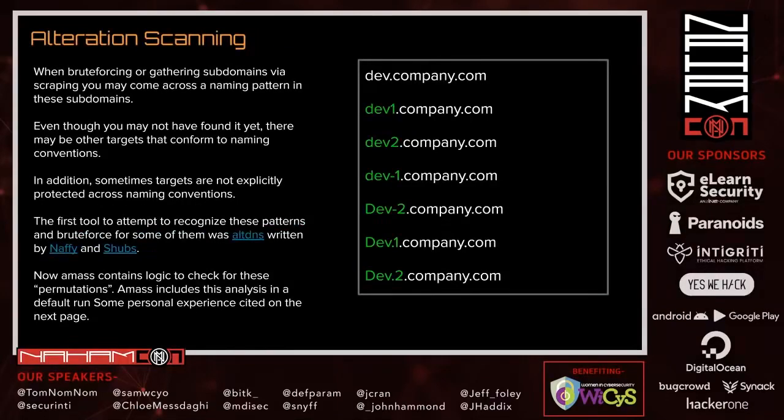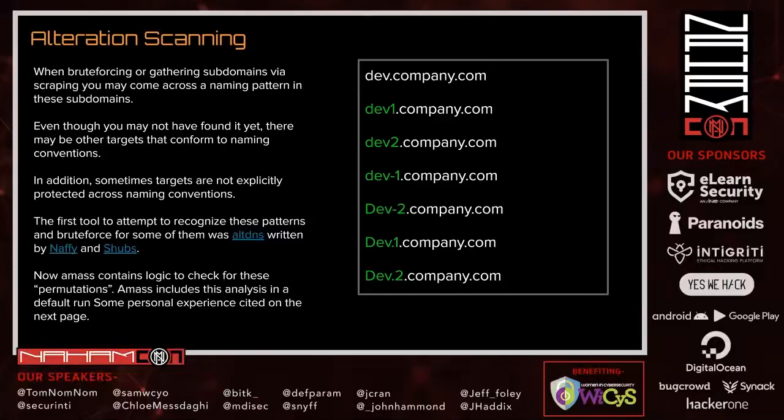So the next thing: now we have brute forcing, scraping, and analysis of JavaScript. We've got all kinds of sources to find us subdomains. The next one is alteration scanning. This is the idea that a company has dev.company.com, and then they might have dev1, dev2, dev-1, dev-2, dev.1.company.com, or dev.2.company.com.